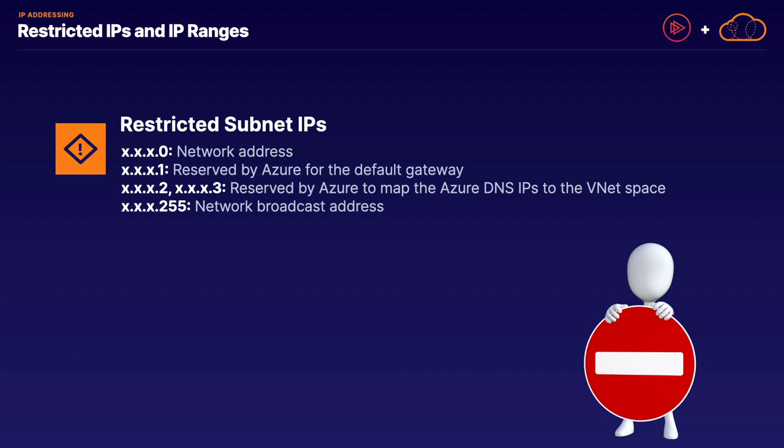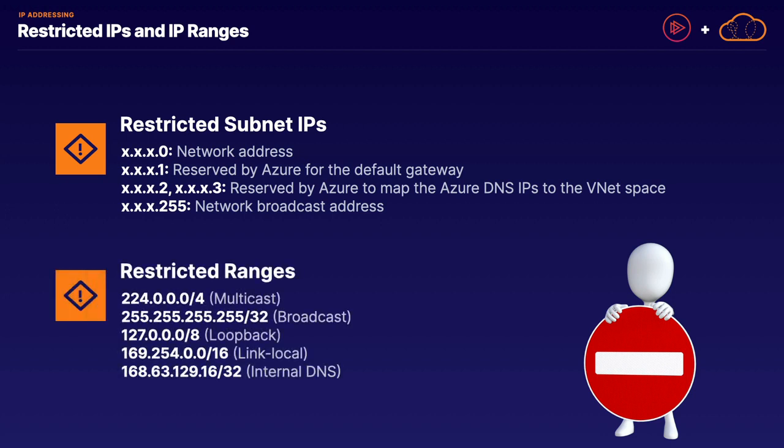And then finally, before moving on, there are a few specific IP ranges that are reserved by Azure you also do not have access to. This includes a multicast range, broadcast range, loopback, and link local. And there's also an interesting range at the very bottom called internal DNS, which is going to be another ongoing topic in this course, especially in our discussion of working with DNS in the next session, which is 168.63.129.16.